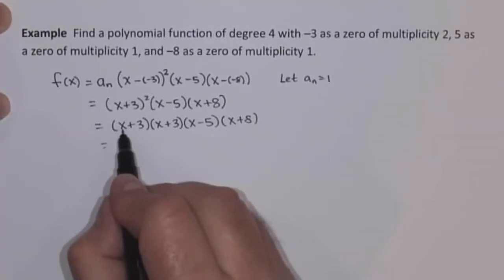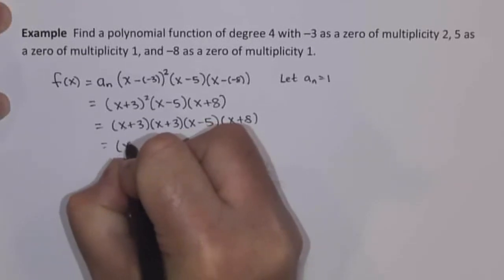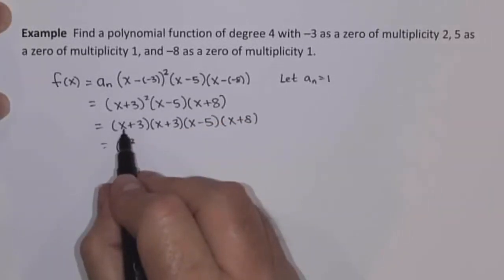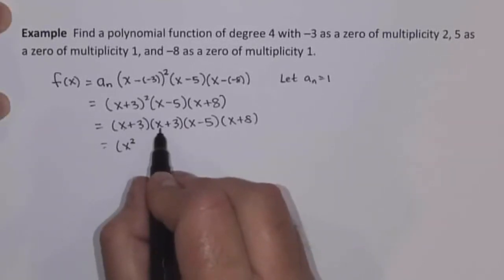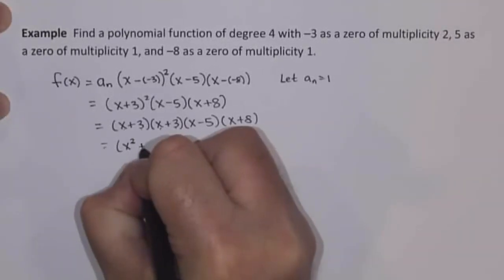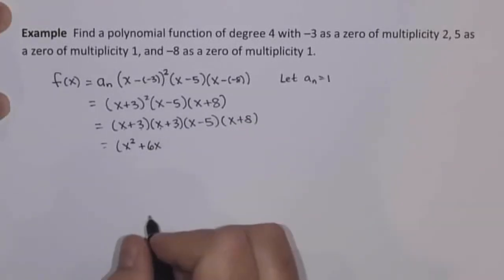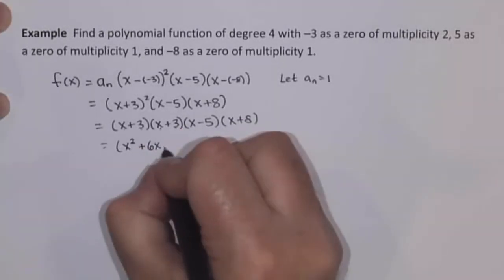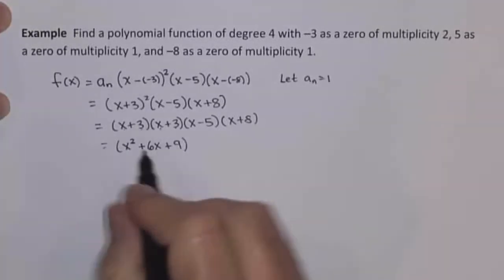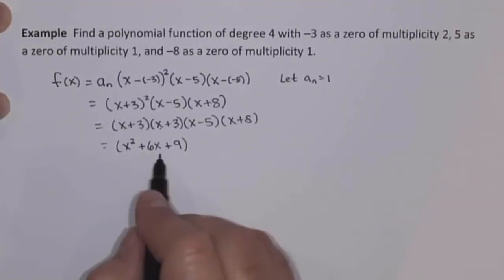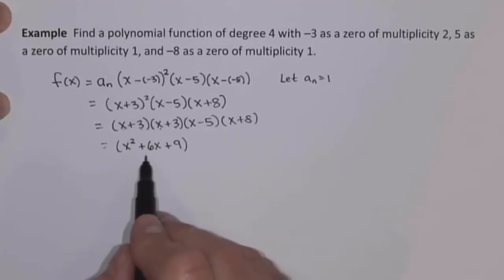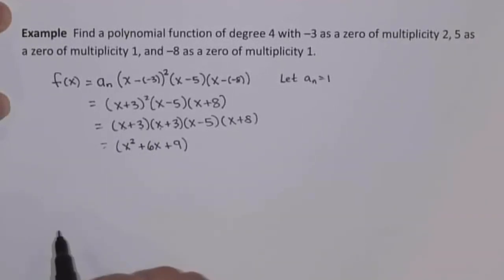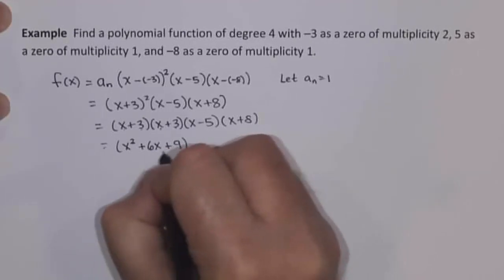So multiplying x plus 3 times x plus 3, x times x is going to be x squared. x times 3 is going to be 3x. 3 times x is going to be another 3x. So when I combine like terms, that's going to be 6x. And 3 times 3 is going to be 9. So I want to make sure it's clear what I've done here. I did the outers and the inners. Both of those were 3x, and I went ahead and combined those to get 6x as the combined term there.